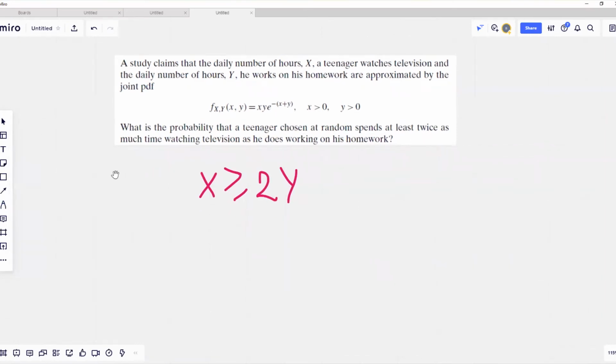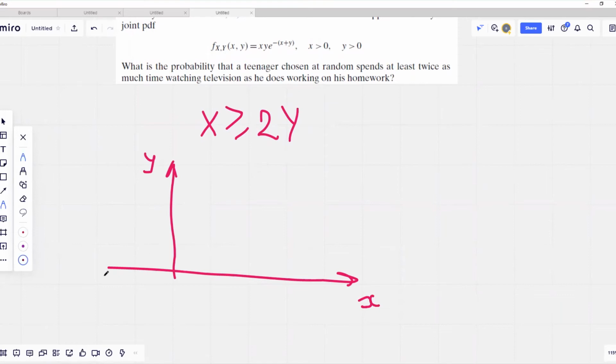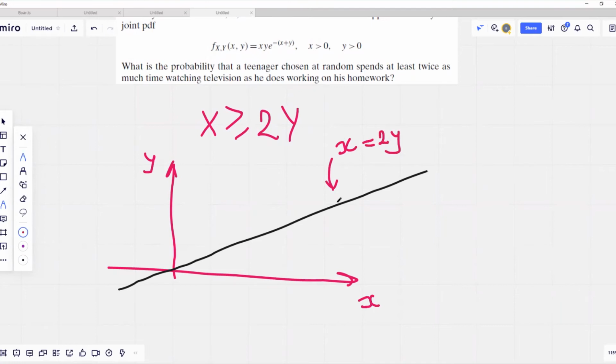All right, now let's draw that region in the XY plane. So let's draw x is equal to 2y. This line here is the line for x equals 2y.